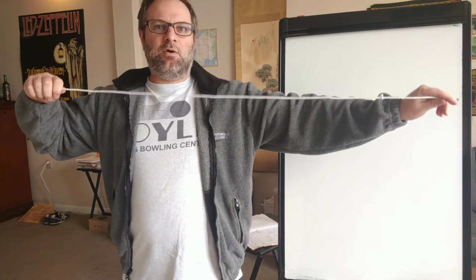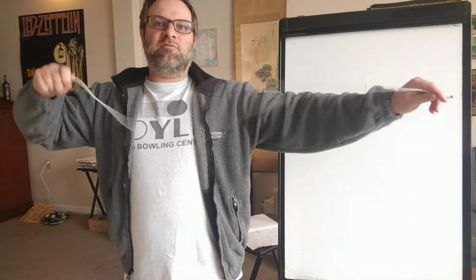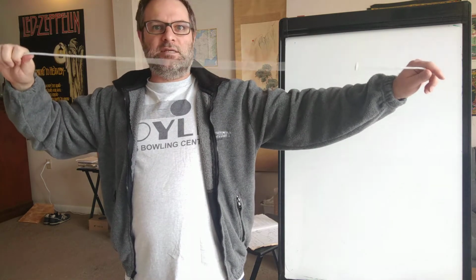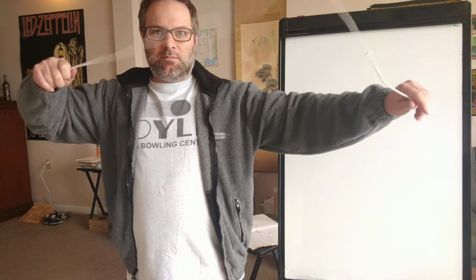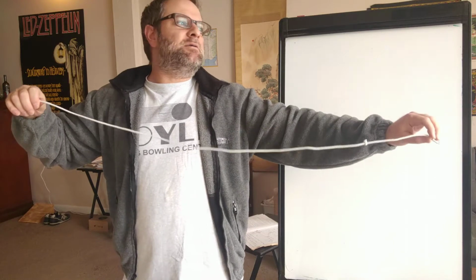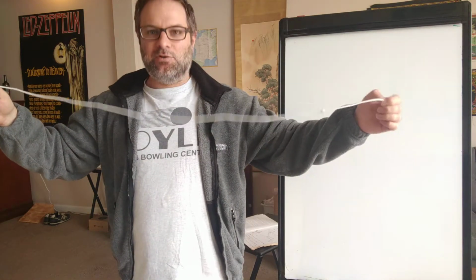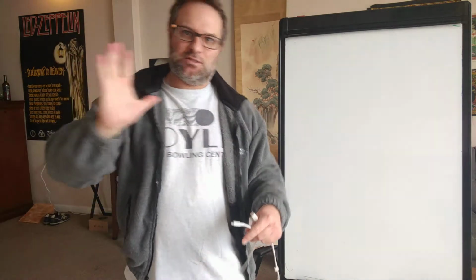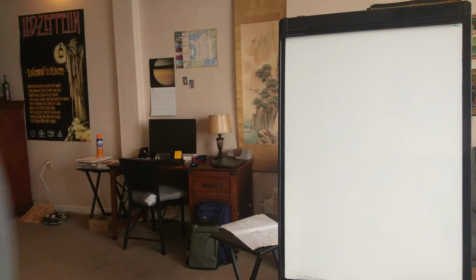If I hold this string taut, I can create a wave. That didn't work very well. I can create a wave by moving my hand up and down, and then the tension in this cord causes that wave to travel down the length. This example isn't working out very well because this is kind of long and stiff, but I'm sure at some point you've picked up a rope that was on the ground and done that, and you see a wave move down the rope.